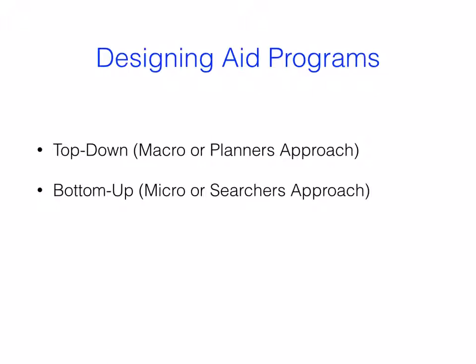An example of a comprehensive, large-scale, all-inclusive project with both planner and searcher components is the Millennium Villages project, and how these islands of little programming utopias fare in the development world is going to definitely inform the research going forward.